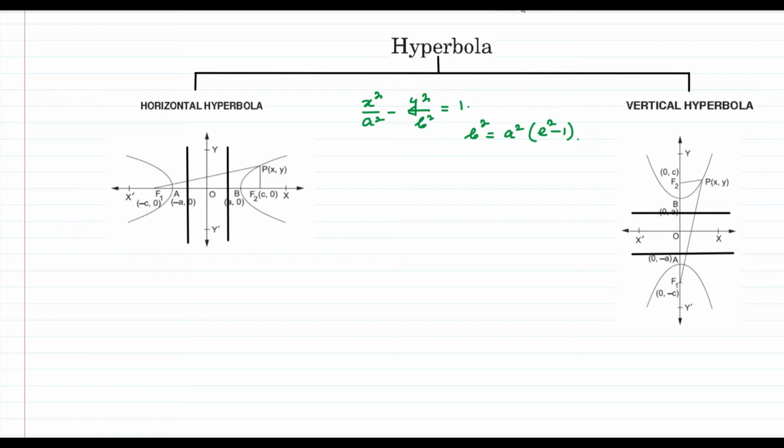So we have already learned that A, B are the vertices of the hyperbola. The coordinates of the vertices are plus minus a comma 0.